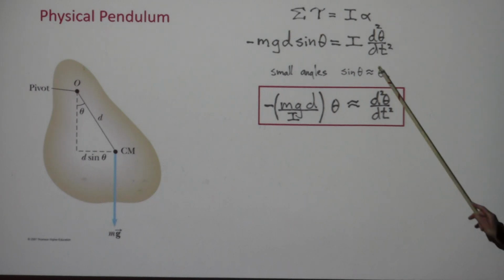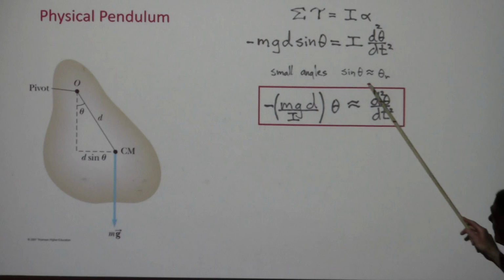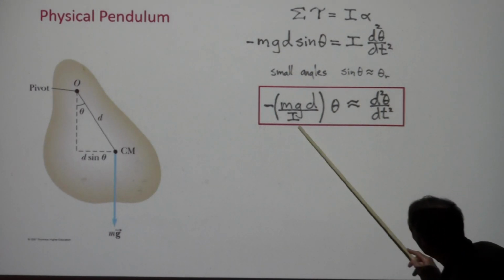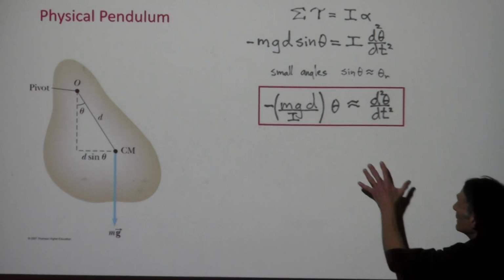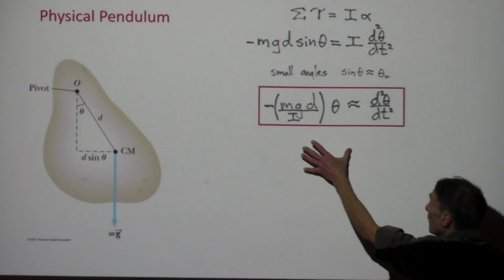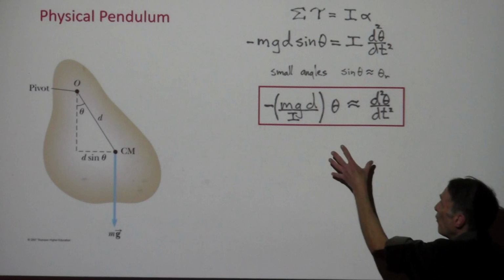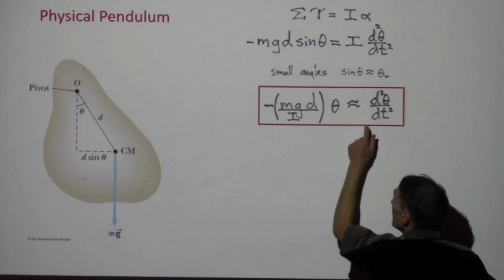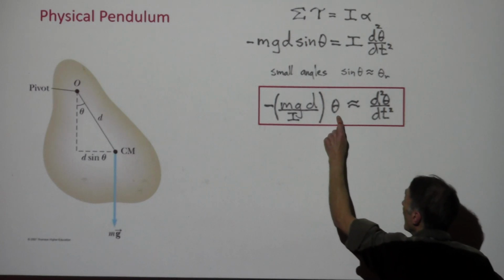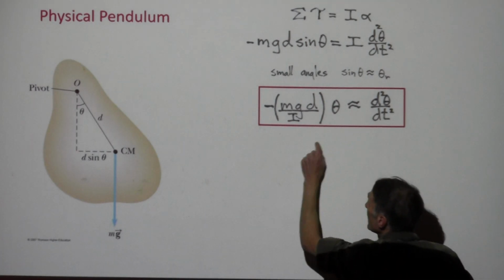And so I'm going to rearrange my terms. I'm going to leave this second derivative on this side. I've got mgd. I'm going to divide through by I. Stick this minus out here. And now hopefully you see that this form of it looks the same as the form for the mass on the spring. We've got the second derivative equal to our constant here, times theta.